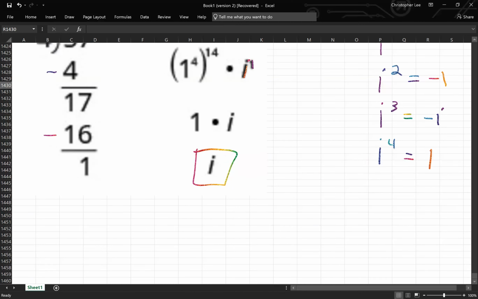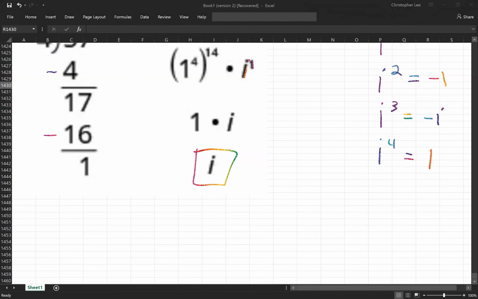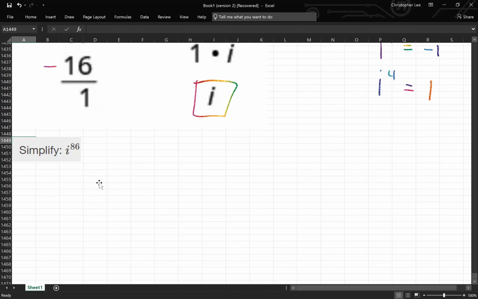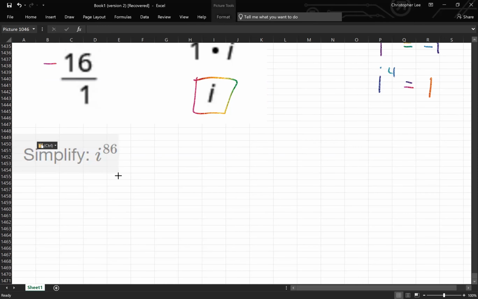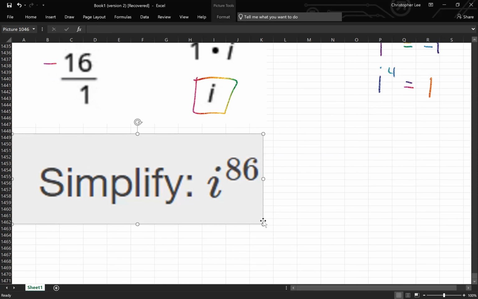So for example, let's take a look at this. Last example. Let's say I have i to the 86th power, and I want to know what that is.